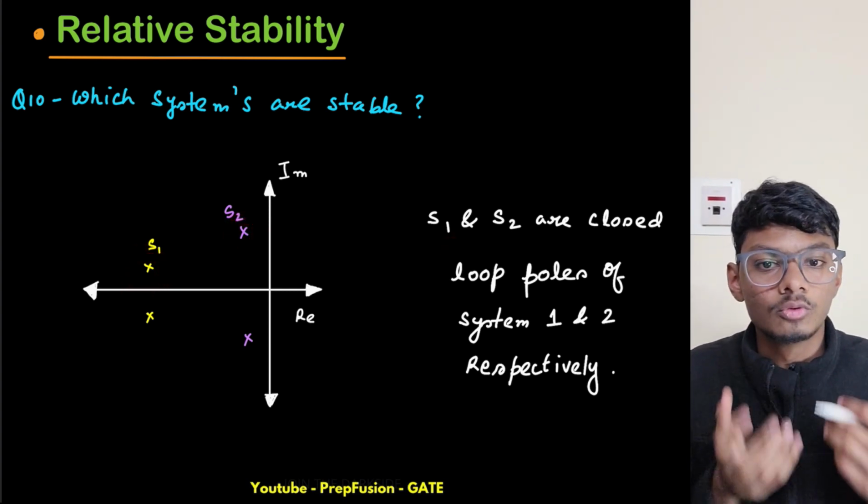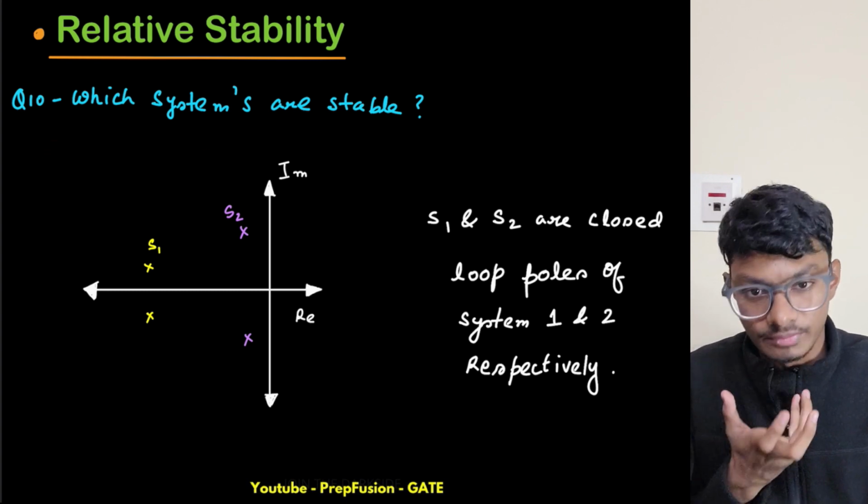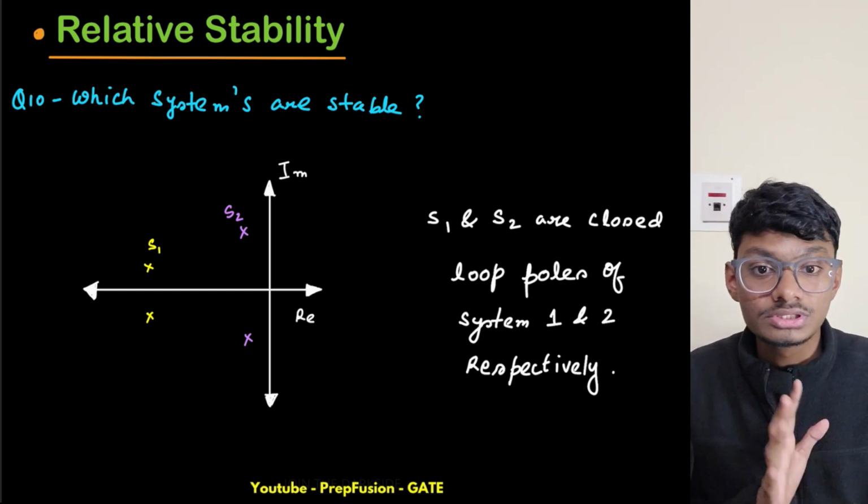So what are you noticing here? What is the question? The question is, which systems are stable? Here I have two systems. Can you tell me which systems are stable?